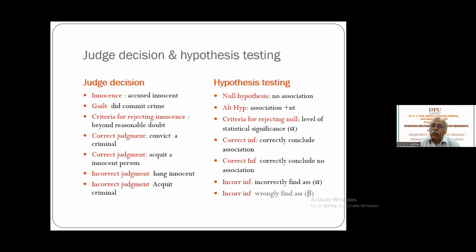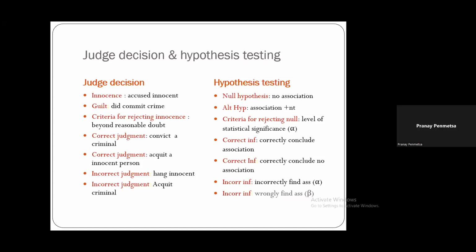Similarly, once we start testing a hypothesis, we start with the null hypothesis of no association. The judge starts with innocent till proved guilty. The person may be guilty, might have committed the crime, and the alternative hypothesis is that there is an association.